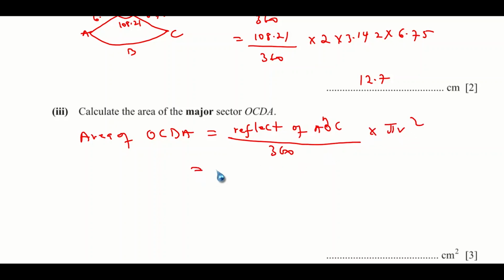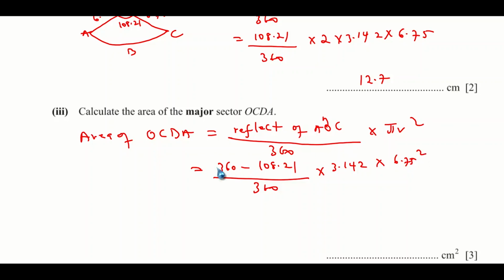So this will be equal to 360 minus 108.21 over 360, times 3.142 times 6.75 squared.